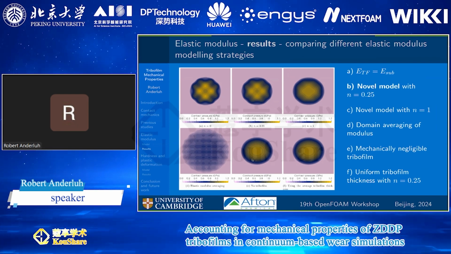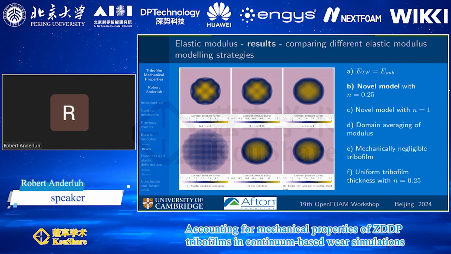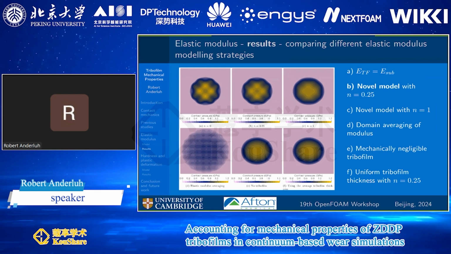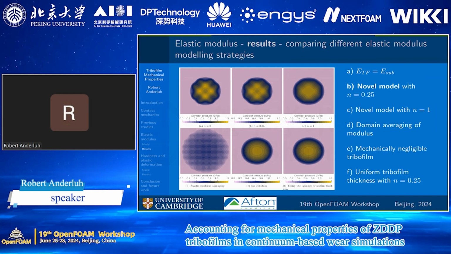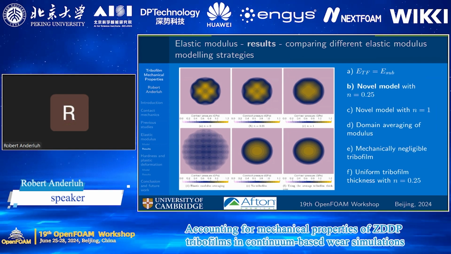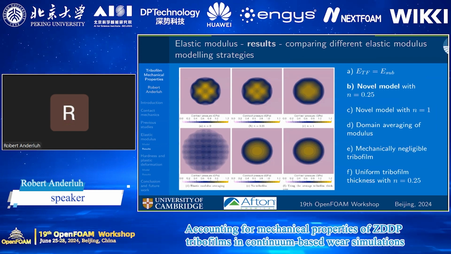This is if we assume that the tribofilm is mechanically negligible, as discussed previously in one of the scenarios. And this is if we assume that there is a tribofilm, but it has a uniform thickness that is the average calculated from the previous tribofilm geometry. So that is it regarding elastic modulus.